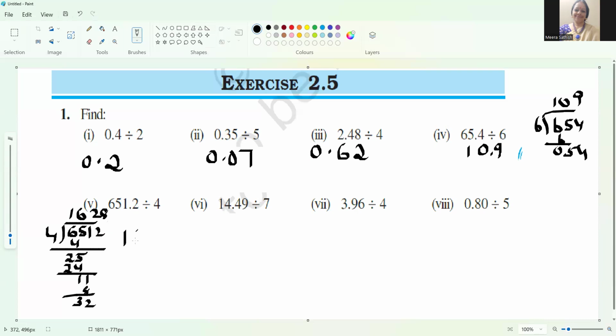So 1,628 and 1 decimal place here. So the point here will come.